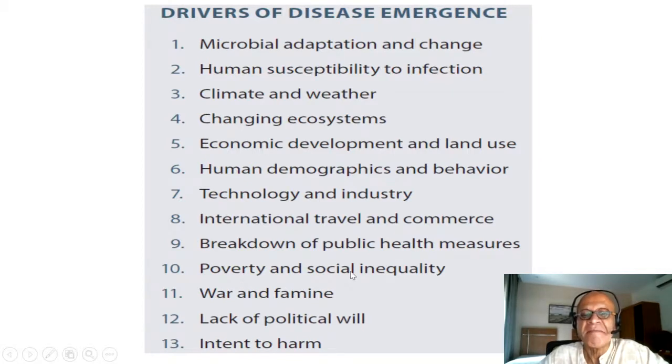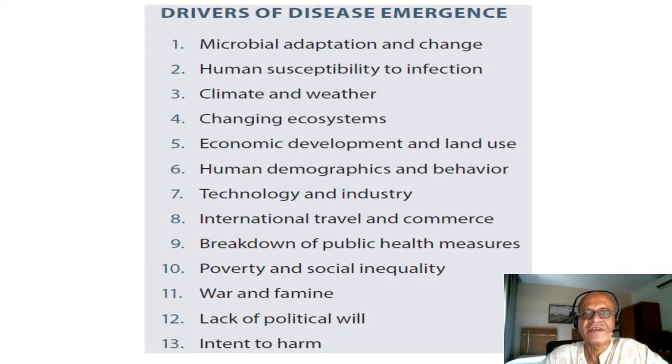Breakdown of public health measures, so extreme events are causing a lot of these things, especially cyclones, floods, and so on. Poverty and social inequalities. We talked about physical and social vulnerability, so we will have to remember that also in terms of deciding the ultimate disease emergence. War and famine, forced migrations, and unhygienic conditions, lack of sanitation, water treatment, etc. Lack of political will to take action.